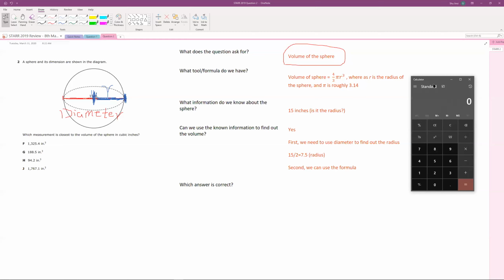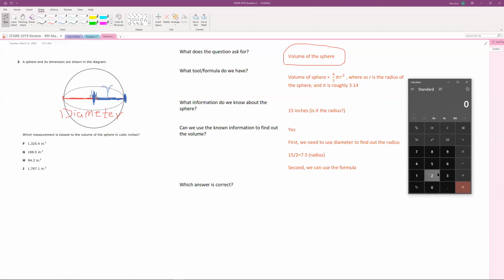Or if your calculator is a basic one, you can still find out the answer. So I'm going to show you how you can get the answer using a basic calculator. 4 divided by 3, and times pi. We don't have a pi button here, but we can use 3.14. Then times r cubed, 7.5 cubed.